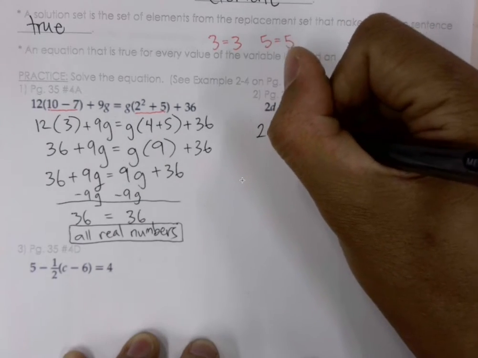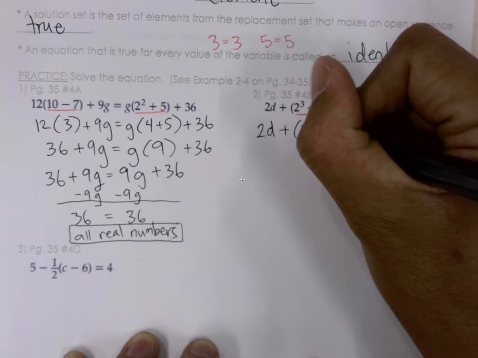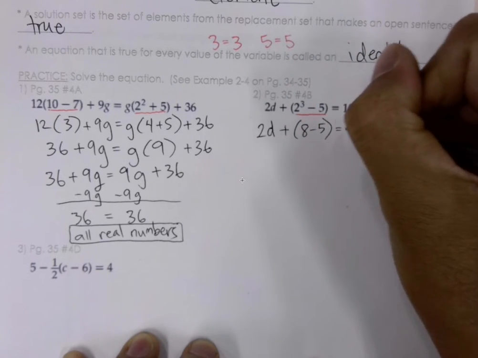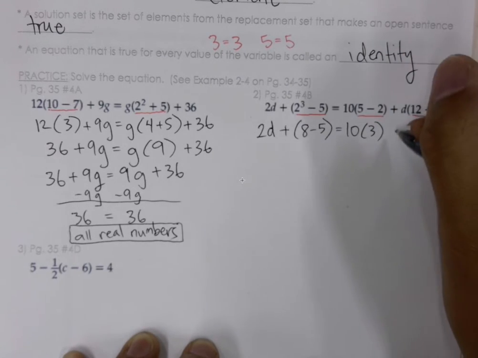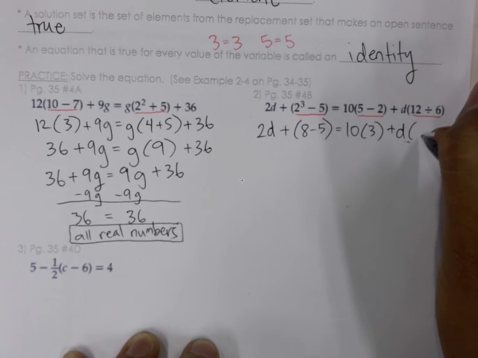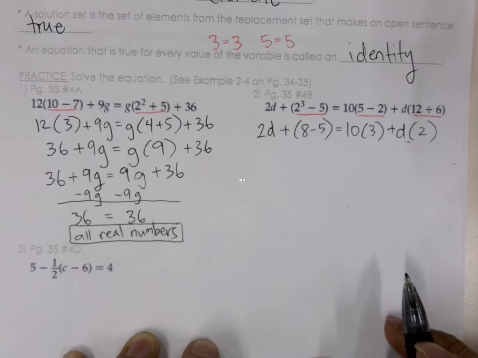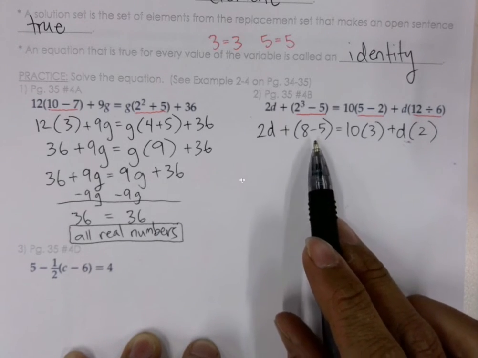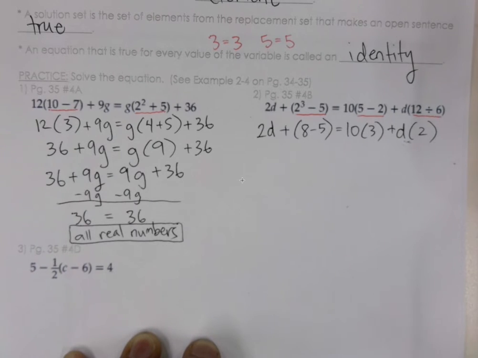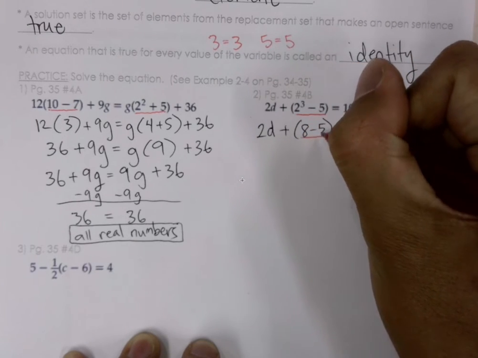2d + (8 - 5) = 10(3) + d(2). So we still have a subtraction in the expression in this parentheses.